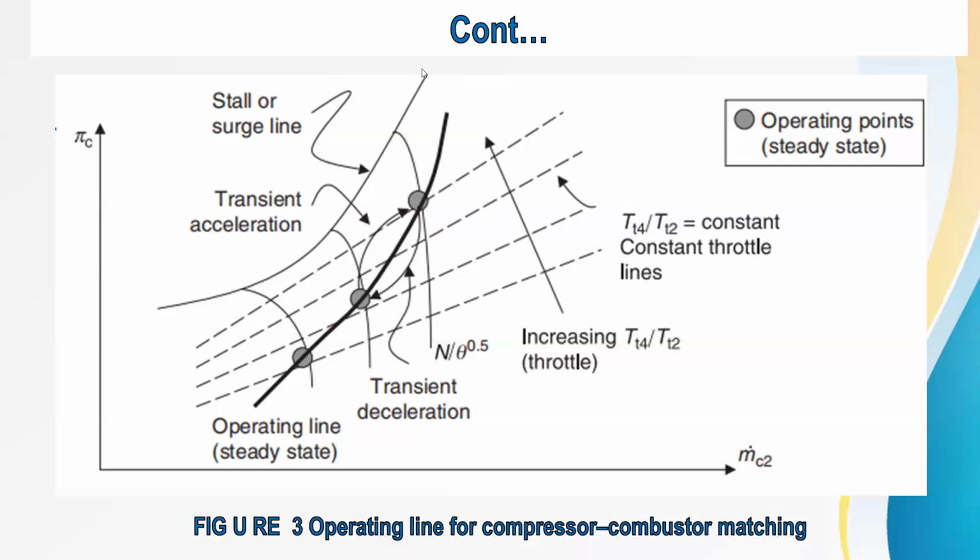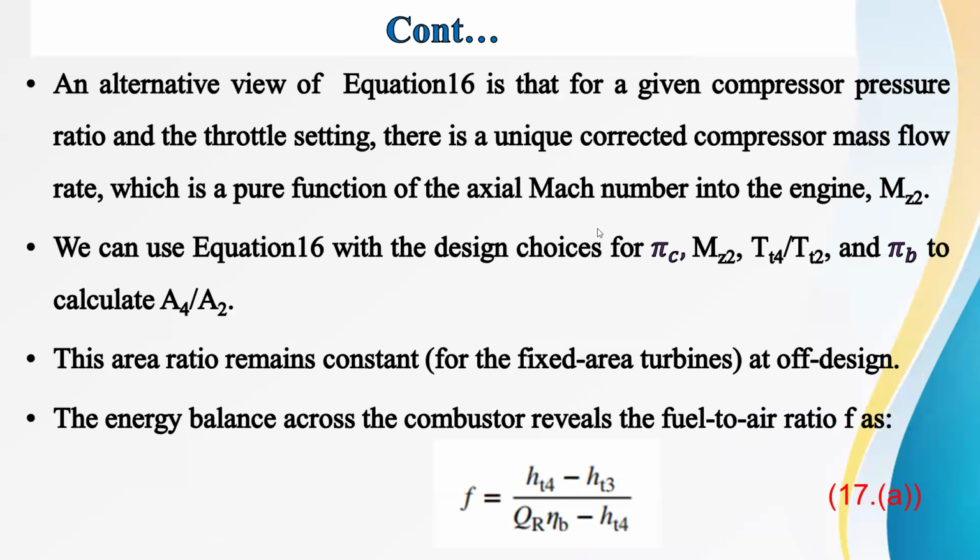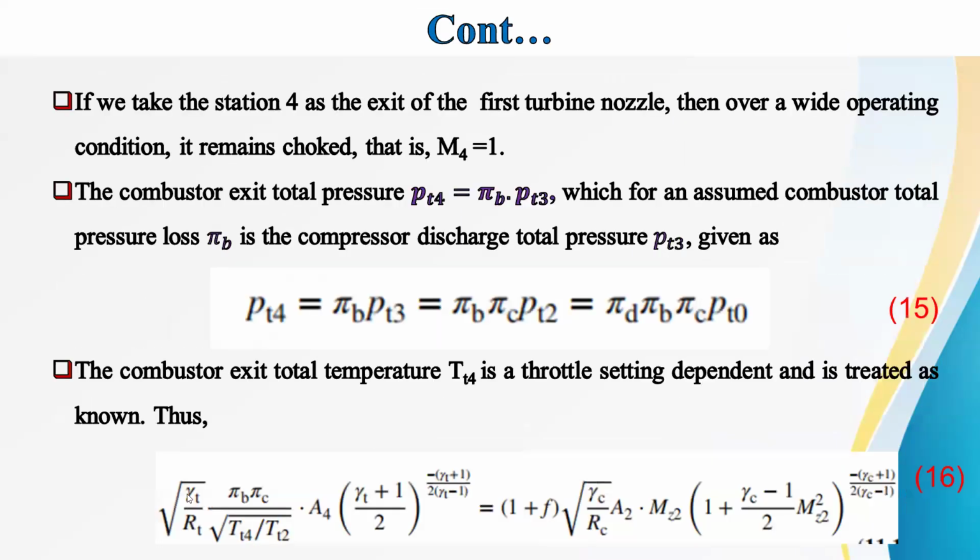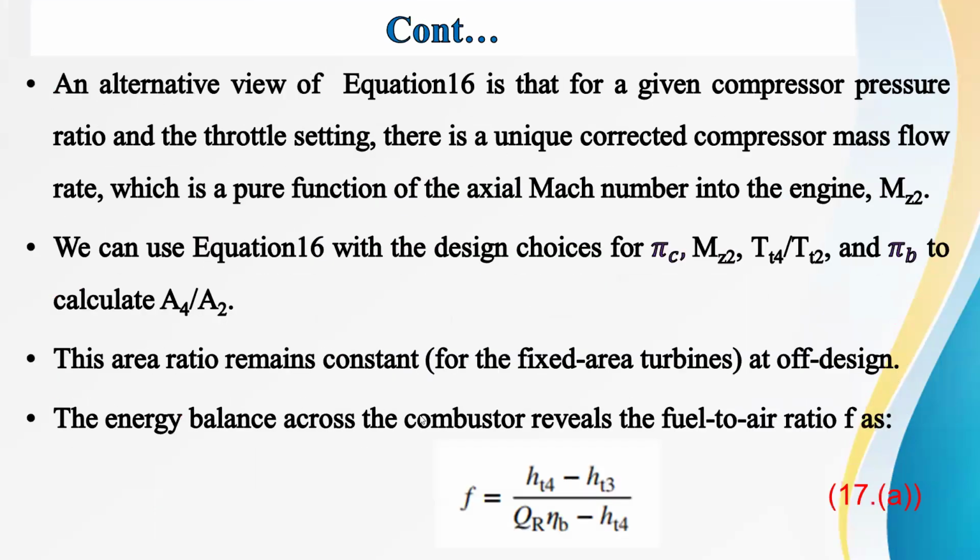The line above indicates the stall or surge line for the compressor or for the engine. And the middle line indicates the constant throttle line. So this is the schematic representation of this equation. Equation 16 can alternatively be provided with different parameters.